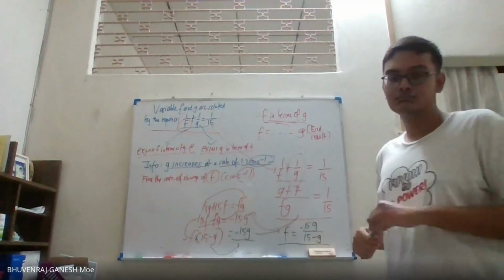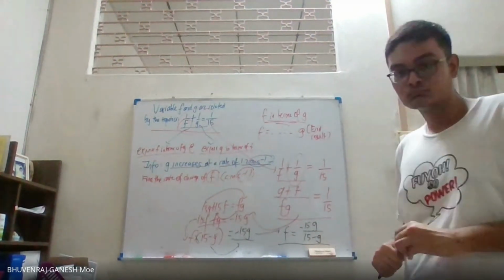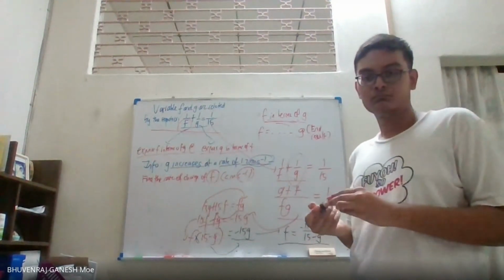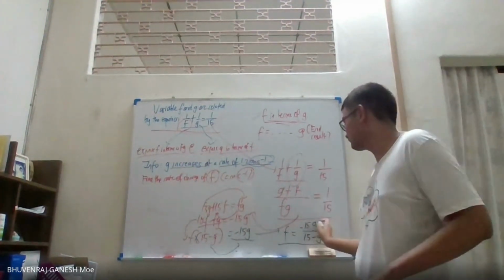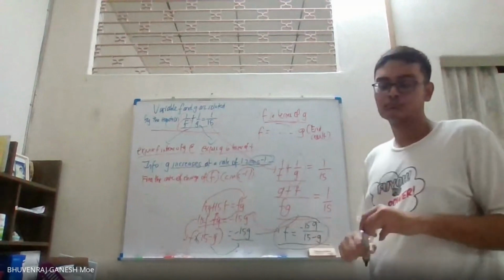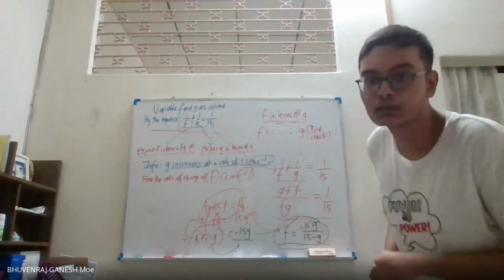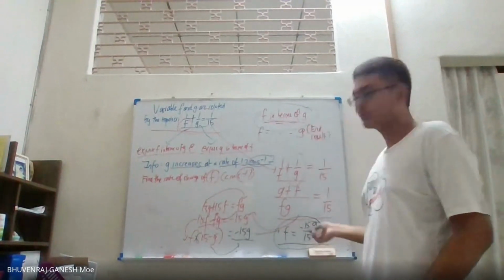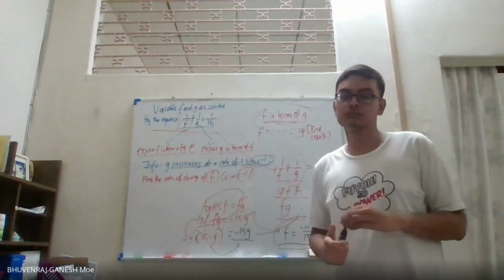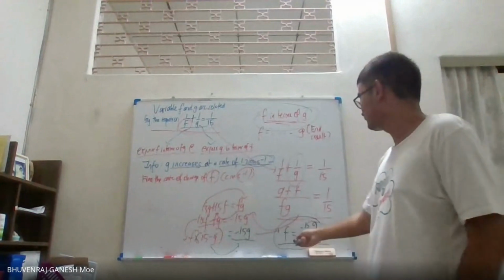You understand? Things should be okay, right? So this is your f in terms of g actually. The down one here. Yes, okay, good. So this one is here. So after you got this is where you show off your differentiation skill, because after this, you can differentiate, right?